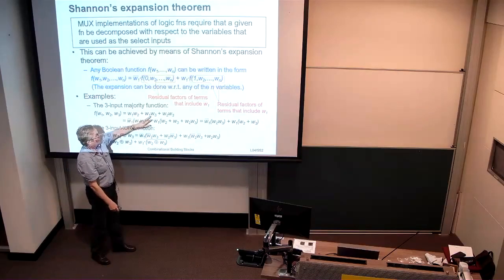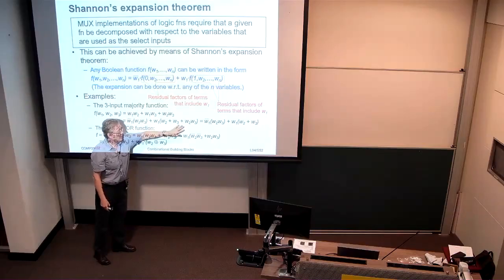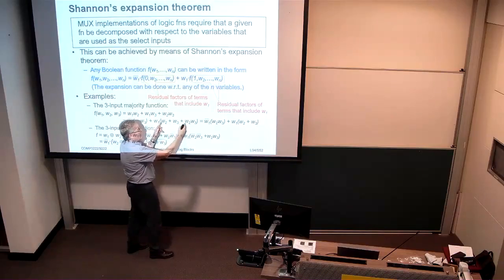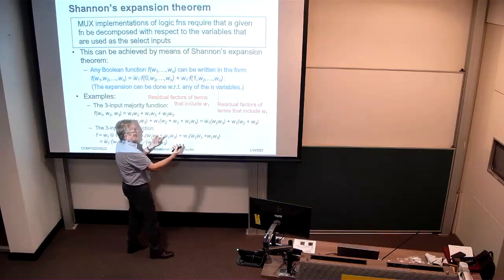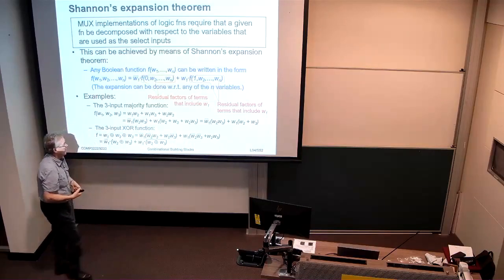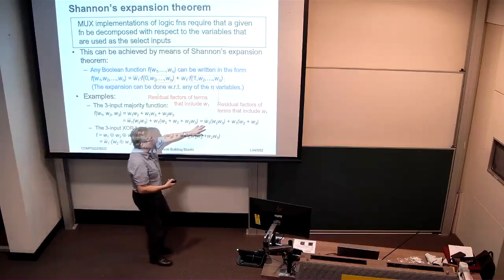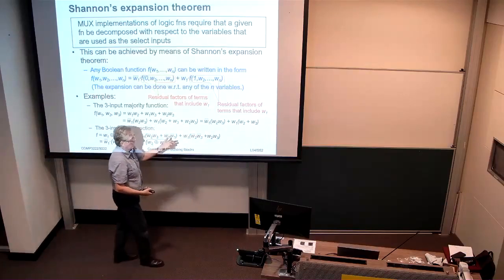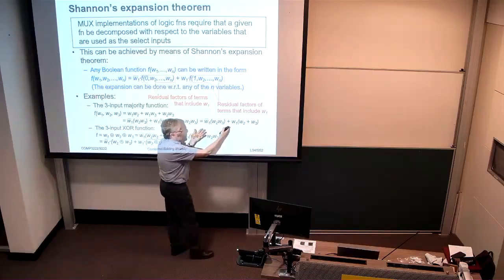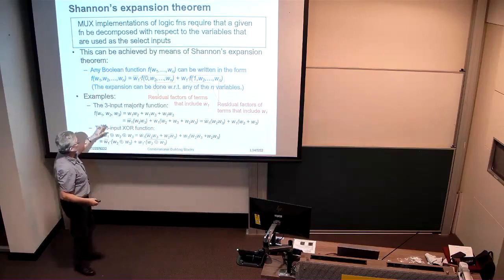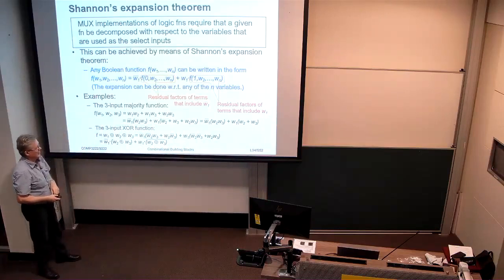And we get the W2 and W3 from the other two terms that are here, and of course we can simplify this because W2 or W2, W3 is just W2 or W3, right? Okay, so that's the simplified form, this is the Shannon expansion when we expand around W1 for the 3-input majority function.